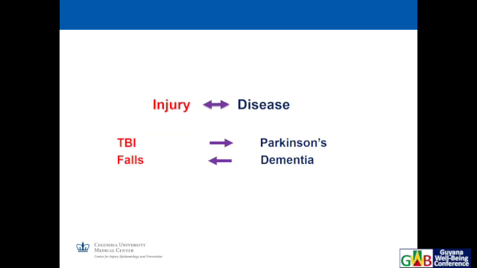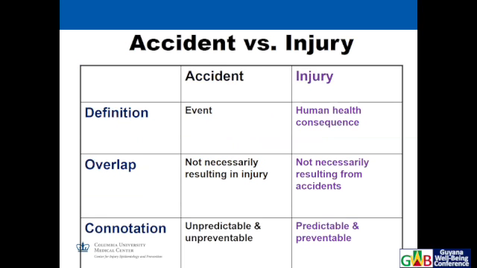On the other hand, dementia could increase the risk of falls. There are many other examples you can tell, like depression increasing the risk of suicide, as a disease and injury relationship.